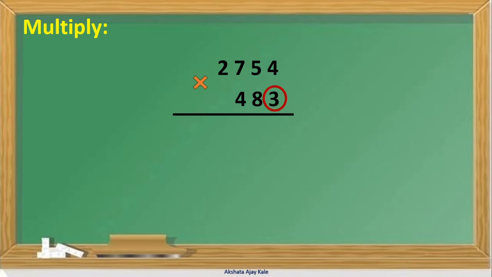Now 3 4s are 12. 2 here, 1 is carried over. 3 5s are 15 plus 1, that is 16. 6 here, 1 is carried over. 3 7s are 21 plus 1, 22. 2 is carried over. Then 3 2s are 6 plus 2, that is 8.